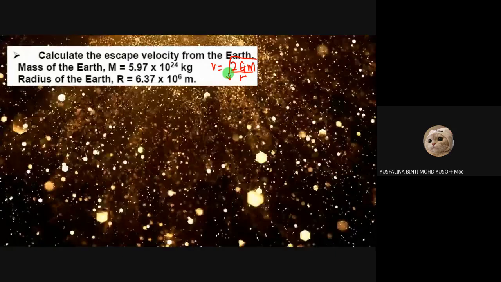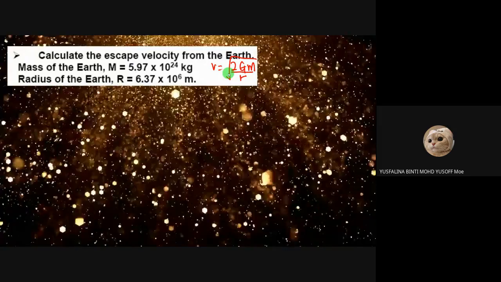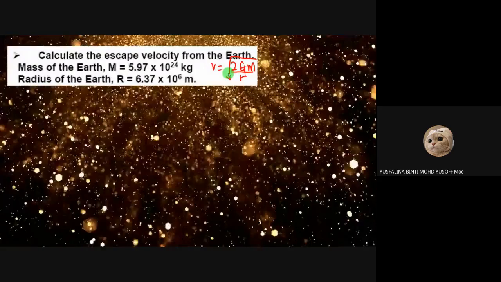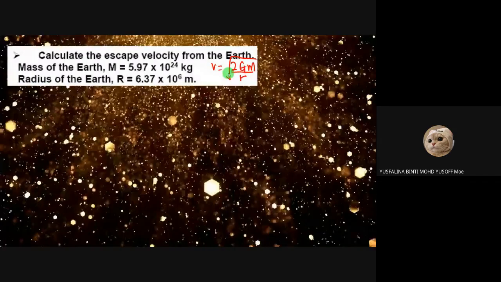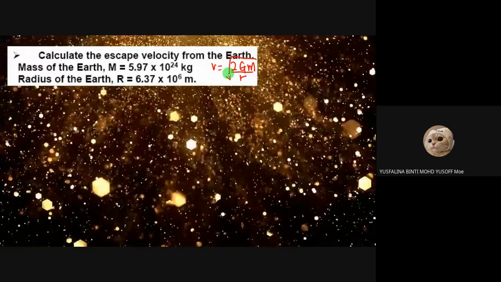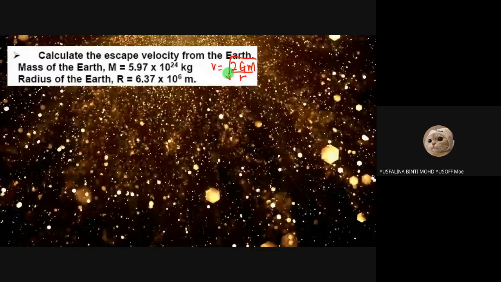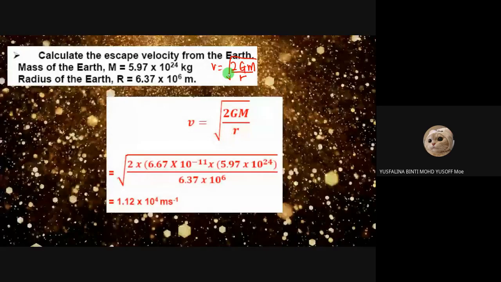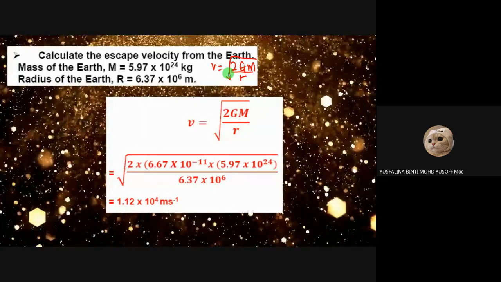Can you calculate or not? Chia Kai, 1.12 times 10 to the power of 4. Okay, let's check whether it's correct. Yes, the answer is 1.12 times 10 to the power of 4. Very good.